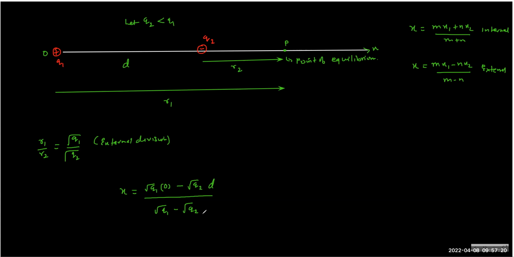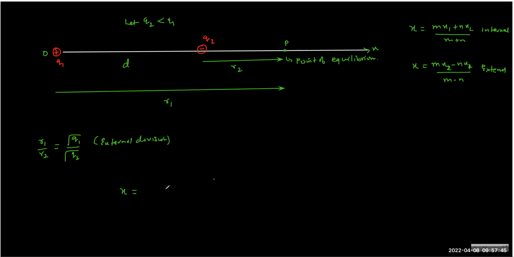mx2 minus nx1. Okay, I think we have just changed this to mx2 minus nx1. So we take the inverse ratio. No? The ratio is inverse. So mx2 minus nx1, right? So this will just change the value. Yes, sir.